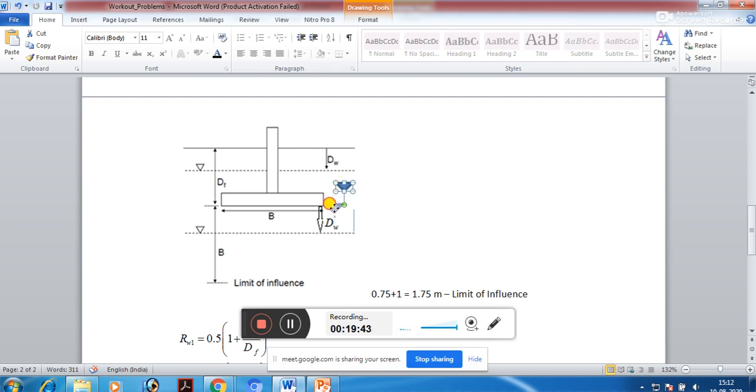When the water table is just touching the base of the footing, there will not be any impact of the water table on the RW1 factor.